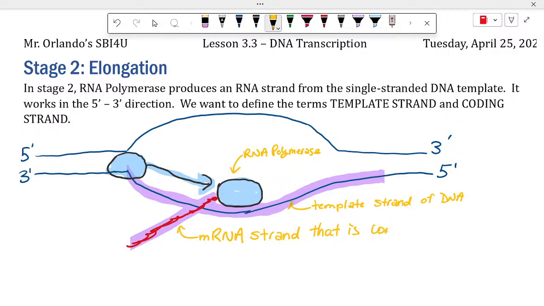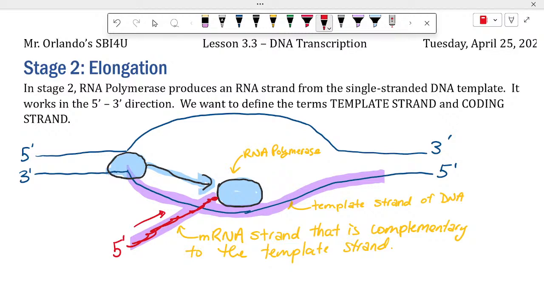That is complementary to the template strand. Which means that this exposed end here, if this was 3', this will have to be 5'. And it's getting made, right?